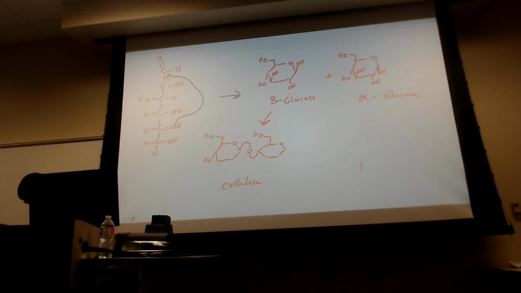So let me draw this a little more. If we just wanted to see what the repeating unit looks like, this is what we would see. We go up, down, up, down.